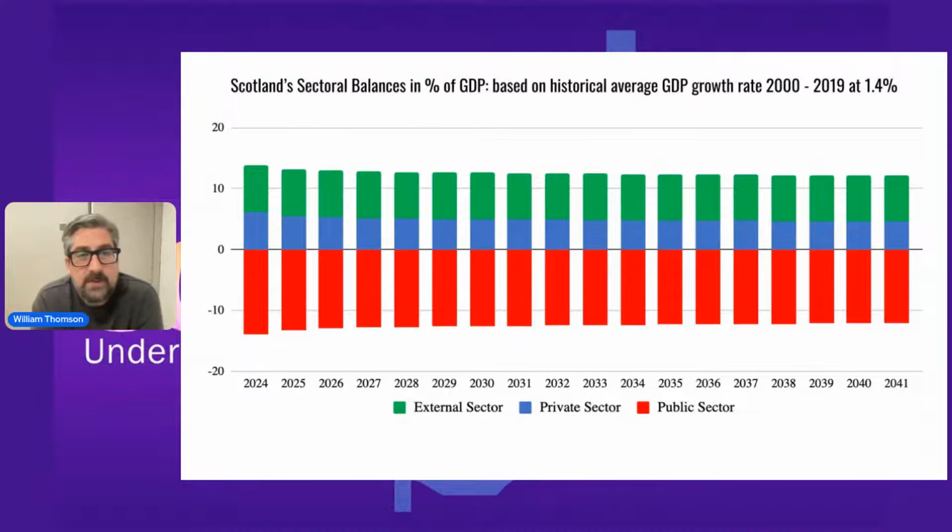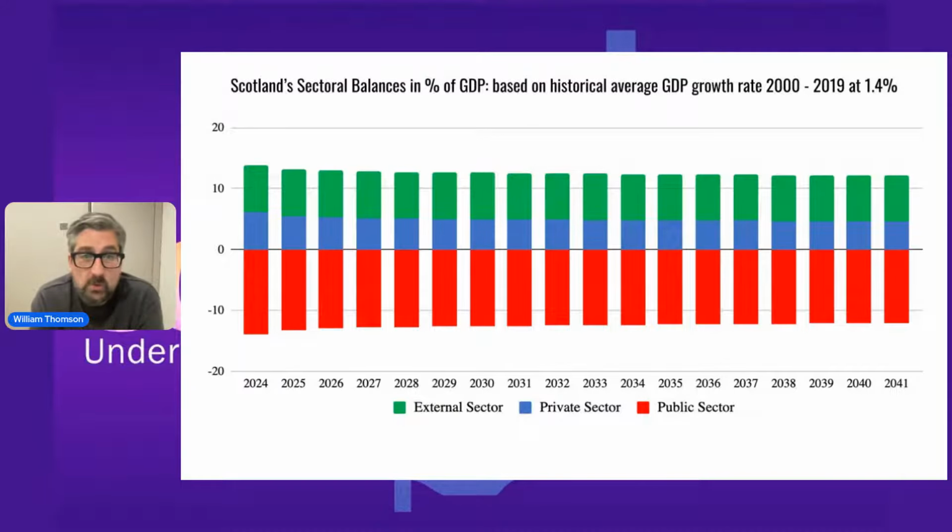Now, what we did in the paper, we increased the amount of GDP growth that Scotland was likely to experience for our main scenario. We just said a high rate, taking things forward with 1.4% GDP growth, which also meant a 1.4% increase in consumption, in exports and imports, in savings. What would the sectoral balances level out at?